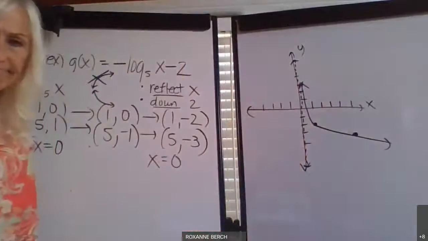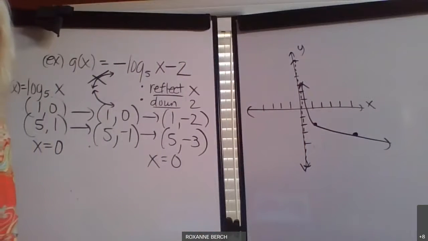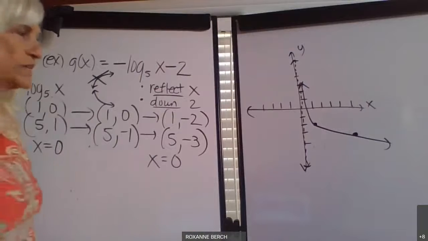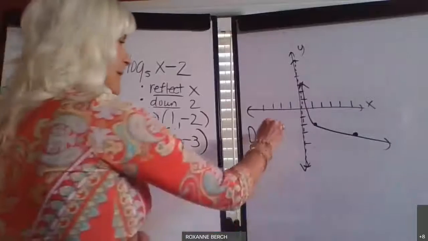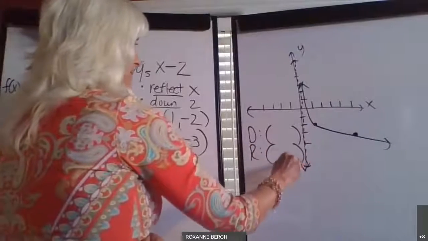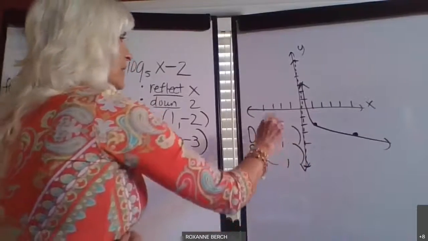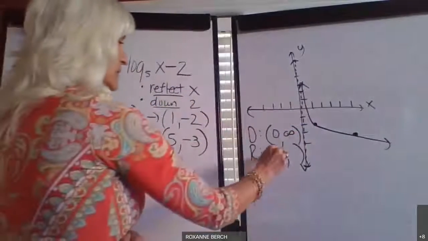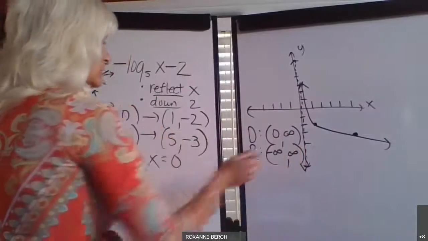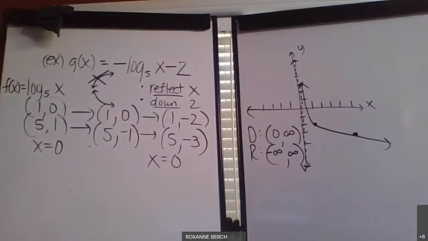Right? Okay, so what's the domain? Zero to infinity. From 0 to the right forever. What's the range, up and down? Negative infinity to infinity.